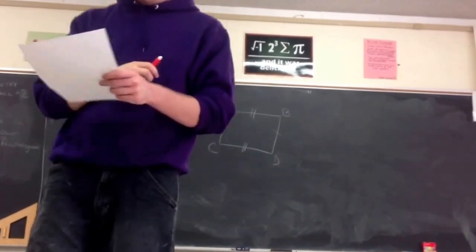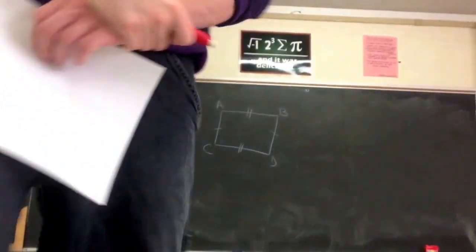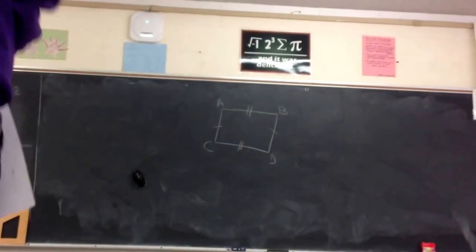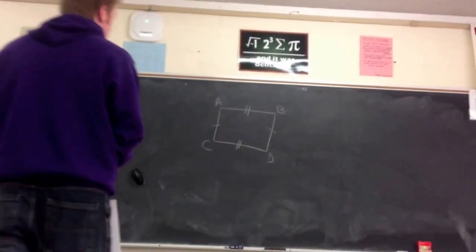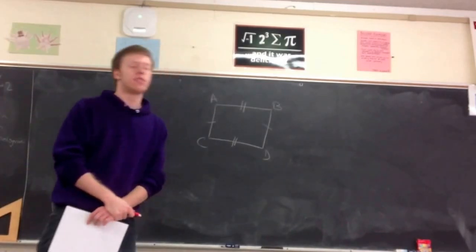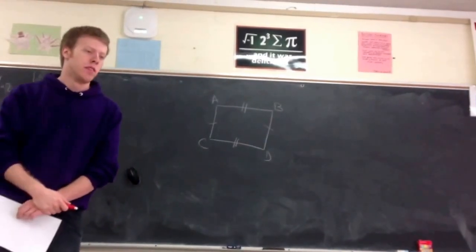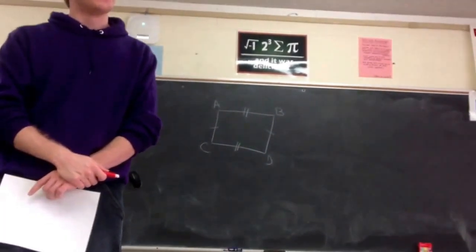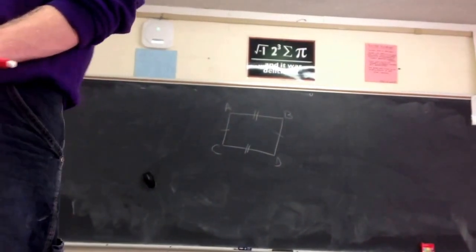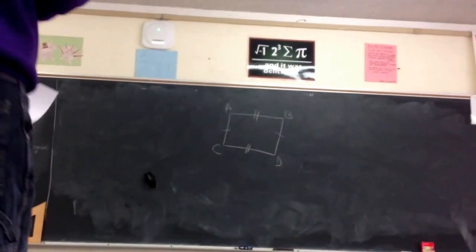That is theorem 6.3. If ABCD is a parallelogram, then opposite sides are congruent.